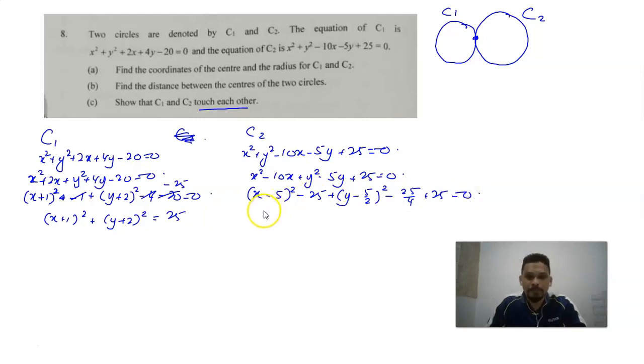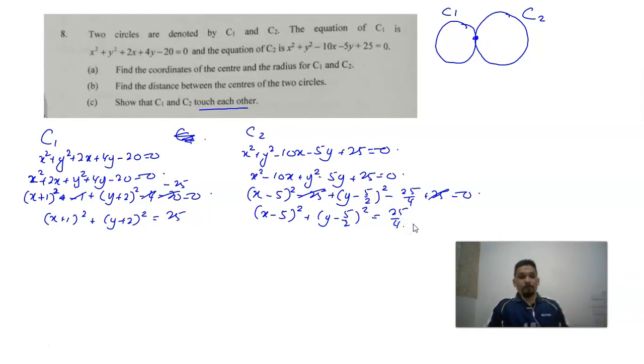Then, which is x minus 5 squared plus y minus 5 over 2 squared. Okay, 25 minus 25 equal to 0. So this only left here. So bring the side over, it becomes 25 over 4.